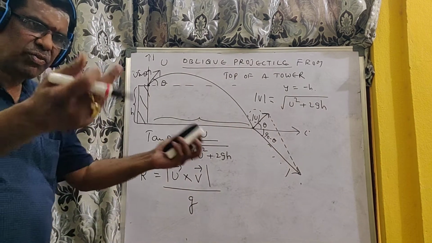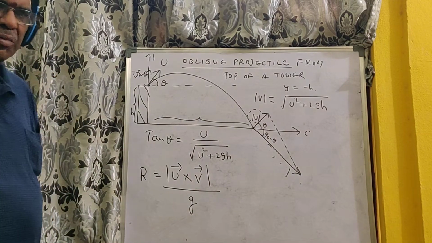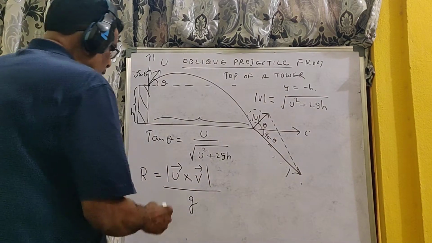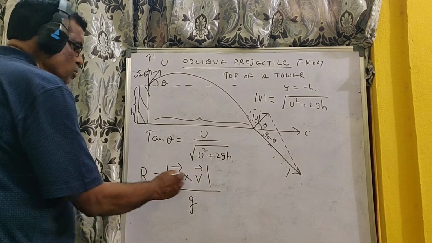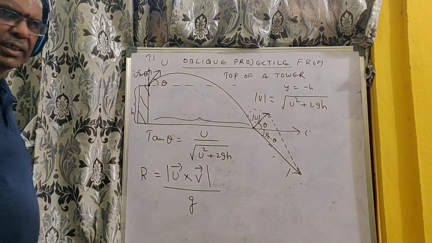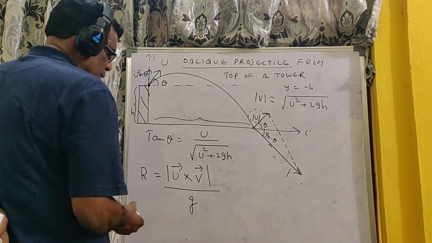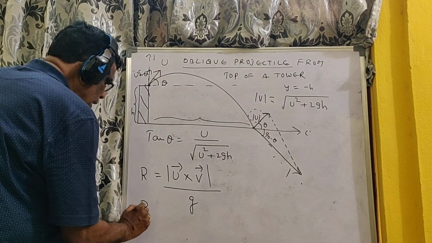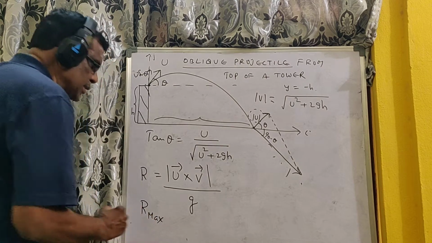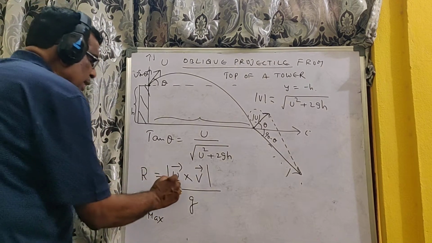Now let us put it for our original case, maximum range. This is your range expression. Now if I want to get R max, what do you mean by R max?